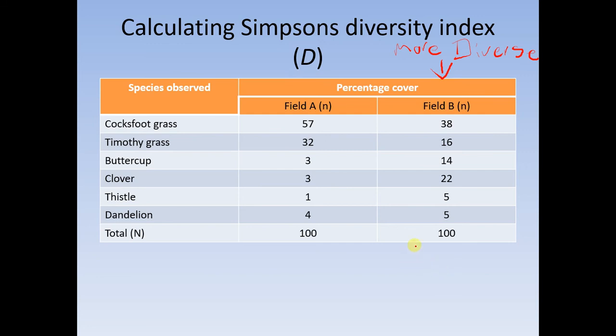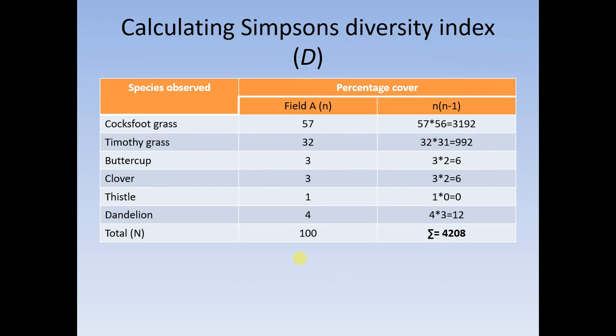So after our calculations, it should have a high diversity index, and field A should have a lower diversity index. This is kind of our prediction, what we think should happen based on what we've already said and what we know about Simpson's diversity index. So let's compute the two and figure out if that's the case.